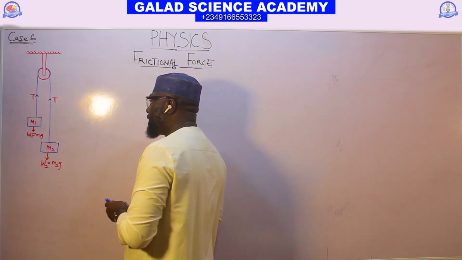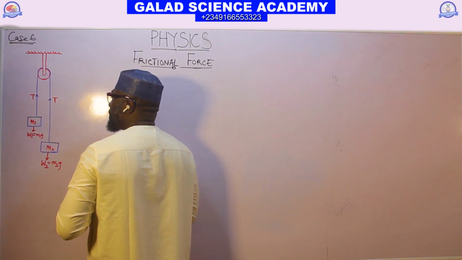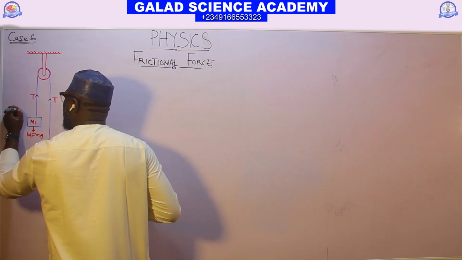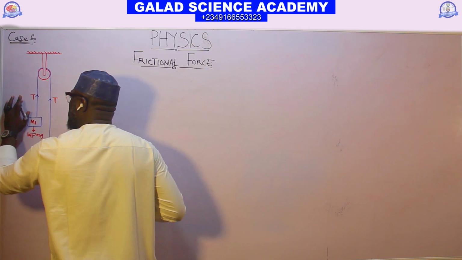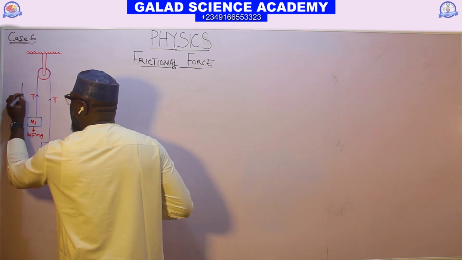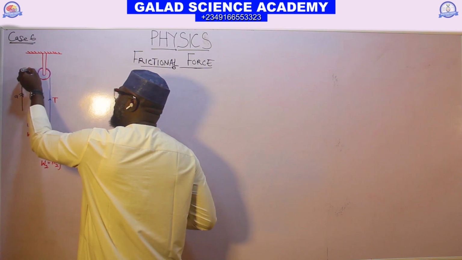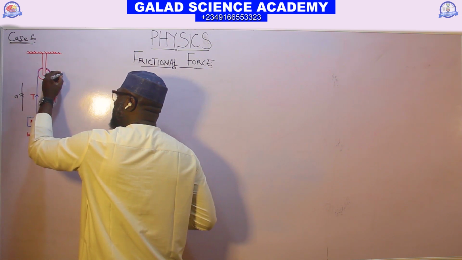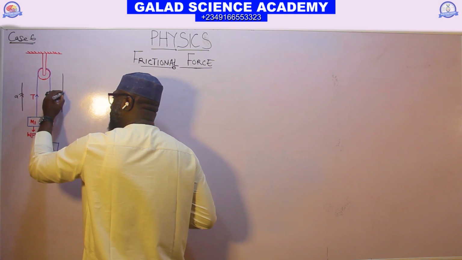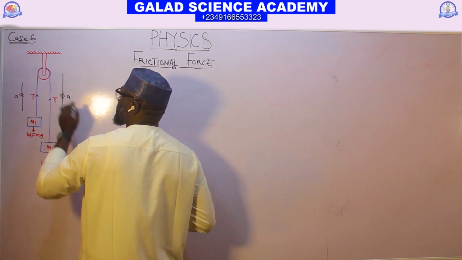But you will observe that on this side, the body is moving upward, and this is the direction of acceleration. On the other side, the body is moving down, and this is the acceleration.